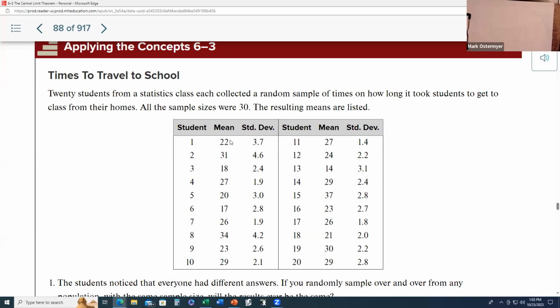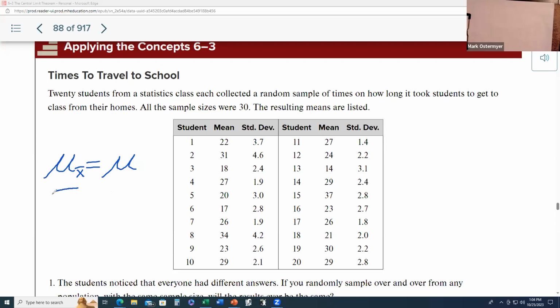So if you added all these up, 22 plus 31 plus 18 plus 27 plus ... plus 30 plus 29, and divided by 20, the mean of all these sample means, denoted as mu sub x bar, by the central limit theorem, is guaranteed to be equal to the mean commute time of the entire population on that campus.